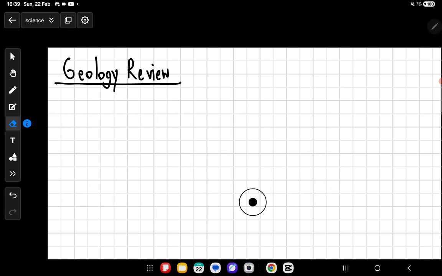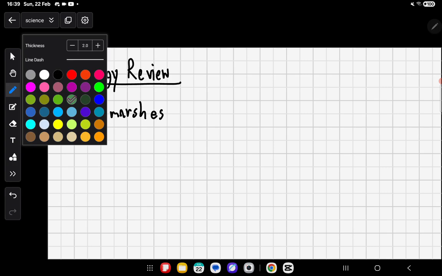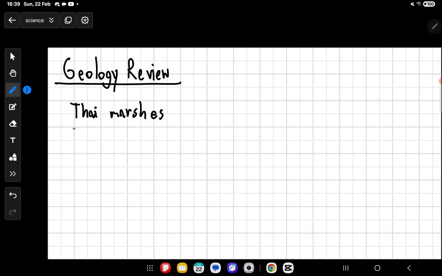Now, we're still not over the topic of soil and water yet. So we're going to look at our last topic, which is the marshes in Thailand. So what do you think about marshes in Thailand? There are a lot of well-known marshes in Thailand, such as the Borapech Marsh.